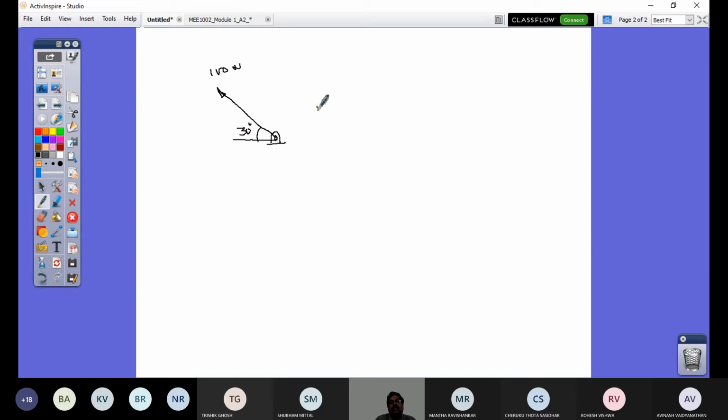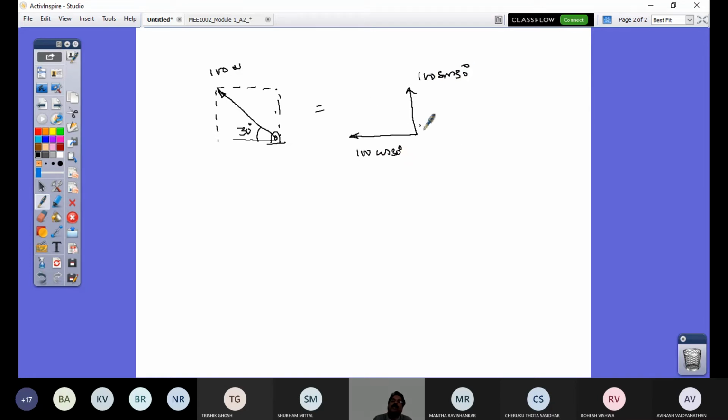If I ask you to replace this, it is very simple: you construct a rectangle here. In this direction it comes, and on the top it comes like this. So this is going to be 100 cos 30, and this is going to be 100 sin 30, right?